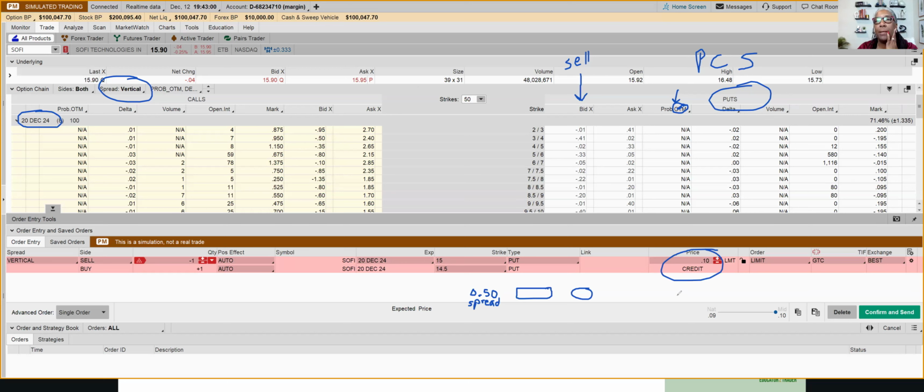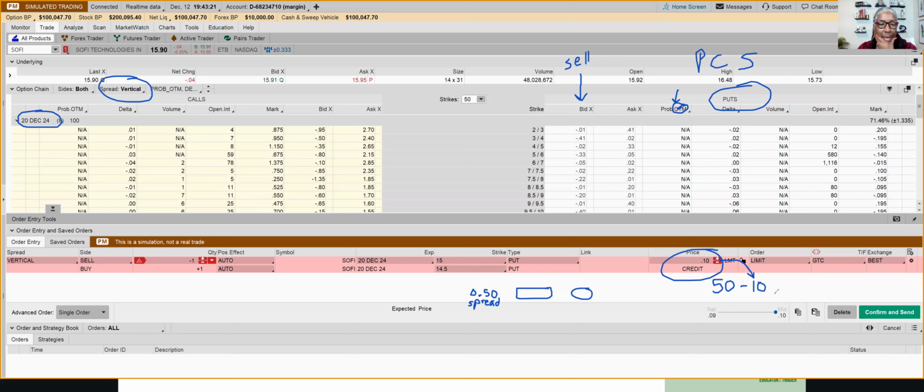Okay, 50-cent spread. How much collateral is being used on a 50-cent spread? Yep, $50. A 50-cent spread is $50, 0.50 times 100, minus the $10 that they're giving you in premiums. This $10 is what's here.